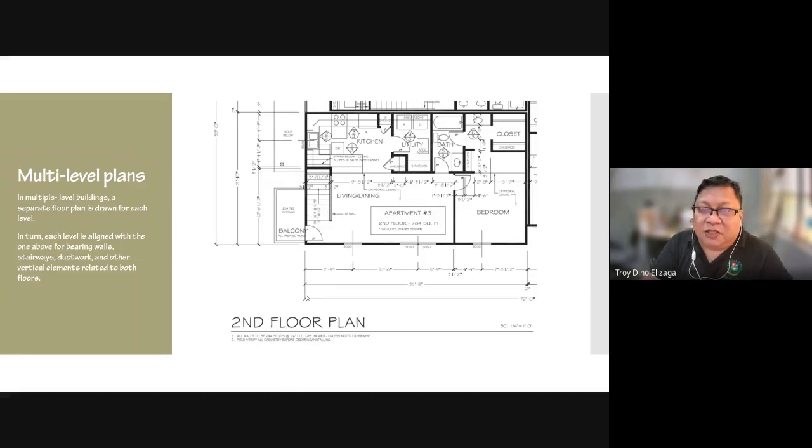That's why we use tracing paper, because we can just trace over the ground floor to make sure that the stairs are in the same location when it's reflected on the second floor and third floor, and that the walls actually align. In CAD, it's more difficult, but we can just arrange the drawings around the workspace and make sure that they're aligned.